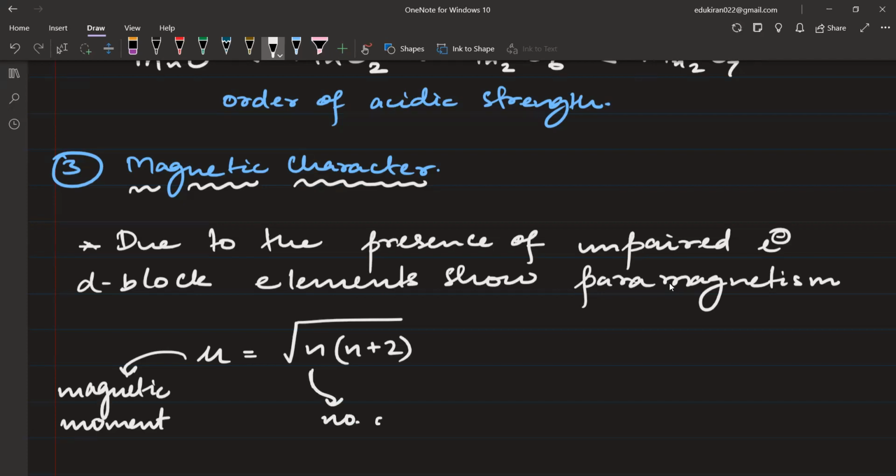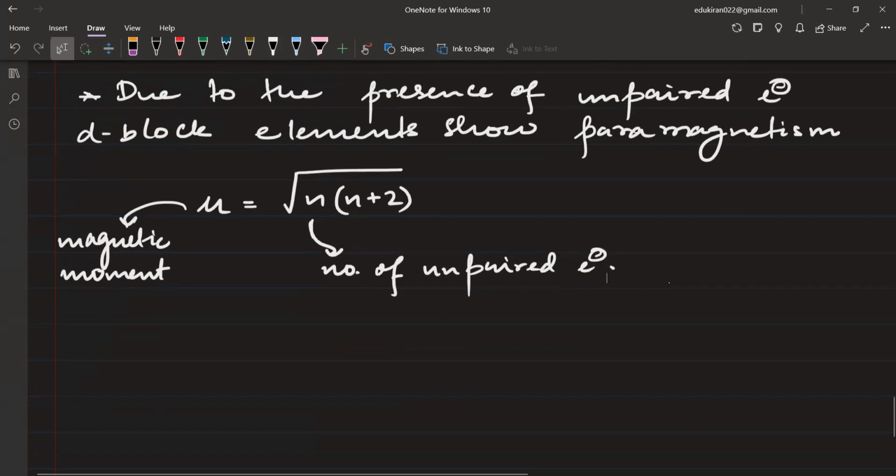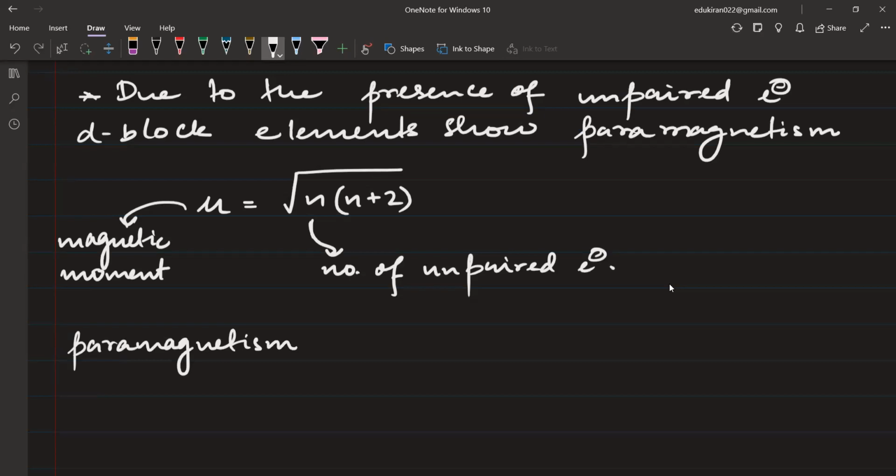Number of unpaired electrons. Okay. So paramagnetism is directly proportional to the magnetic moment. Magnetic moment is also directly proportional to number of unpaired electrons.